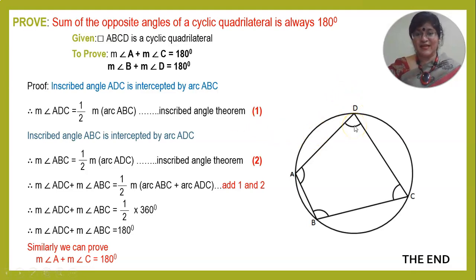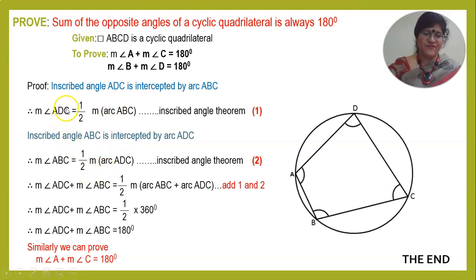Now take the opposite angle. Opposite to D is B. Angle ABC is an inscribed angle and it is intercepted by which arc? Take the opposite arc. It is intercepted by arc ADC. So inscribed angle ABC is intercepted by arc ADC. Now we will add these two statements.